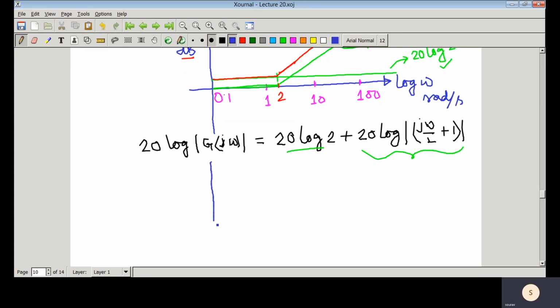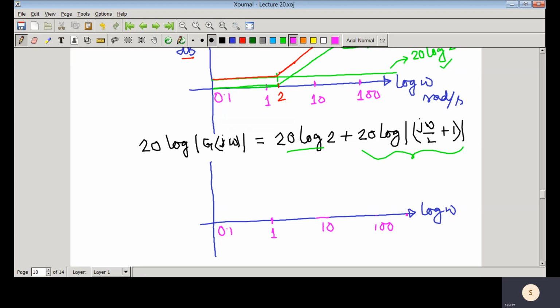So if we draw that phase plot, again that would be in log scale, log omega. Those frequencies are 0.1, 1, 10, 100, like that.